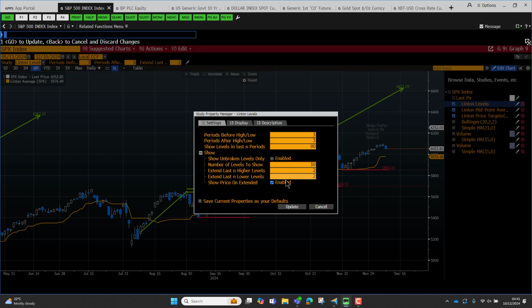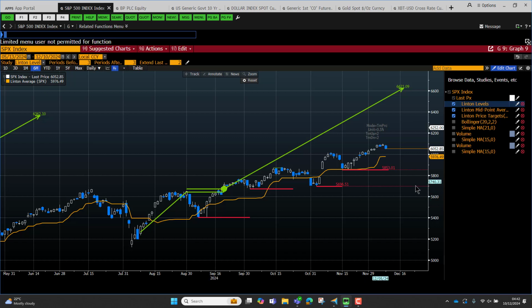Then we draw on the last 2 levels, and you can draw on broken levels as well. It's really quite useful to see where these support and resistance levels are, and we use those in conjunction with a target. That's really important, and I'll explain that as we look through some charts here.